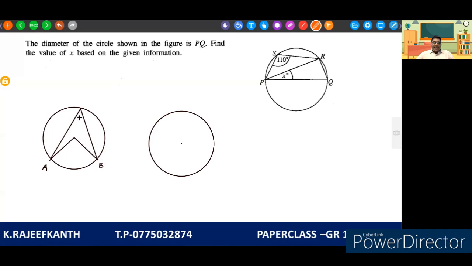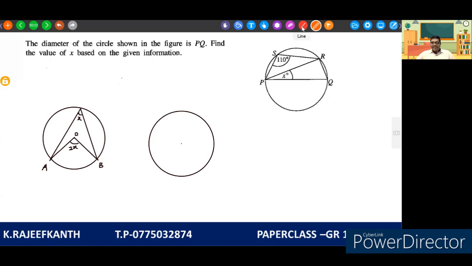Here, if it is x, this will be 2x. Here, the same arc AB subtends an angle at the center of a circle that is double the angle subtended by the same arc at the remaining circumference of a circle. So if it is x, this will be 2x.